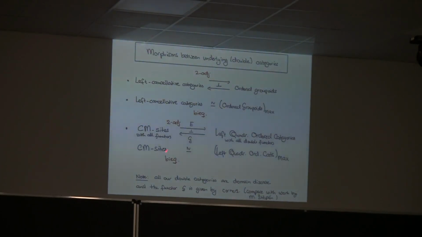And so if we just take the CM sites with all functors, so for the moment I forget about Grothendieck topology and taking functors, then I can make that same two junction with left parallel ordered categories with all double functors.